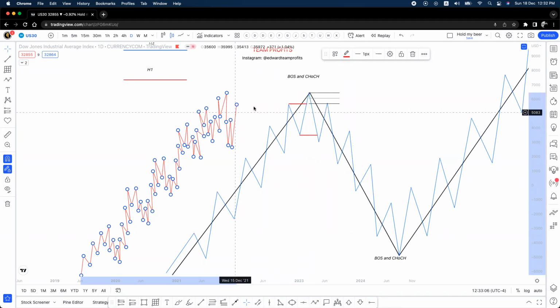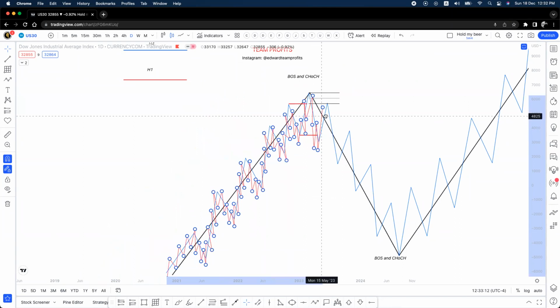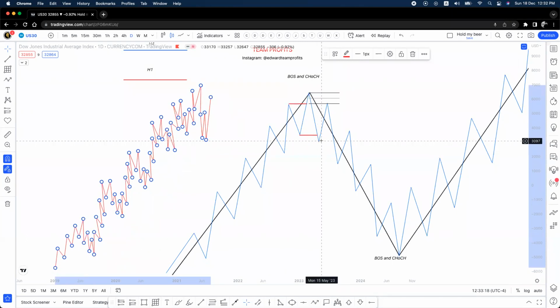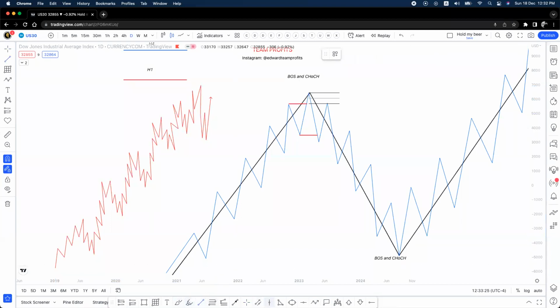So some traders will take that as a signal, and they will actually be looking for buys in this area. So if you go on a 1 hour right here, you're going to see a BOS, a small one, you see? I hope it makes sense. But right here in this area, you're going to find most likely a BOS and a change of character as well, in a small time frame.